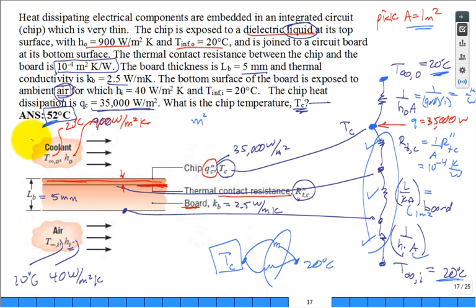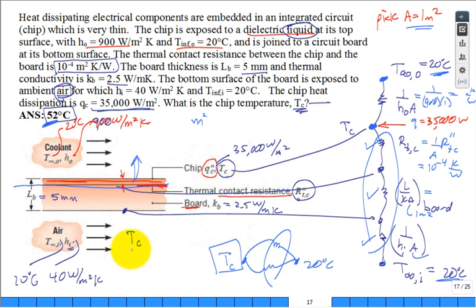All right, I have a couple minutes. Let me do this. When you analyze this problem, sometimes it's better to sneak up slowly on a problem. Somebody says, you know what? Let's pretend that 100% of the heat from the chip has to go out the top. Nothing goes out the bottom. If you did that, you could find an estimate of the chip temperature.